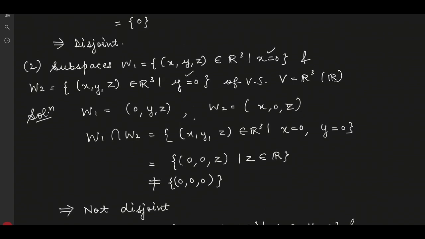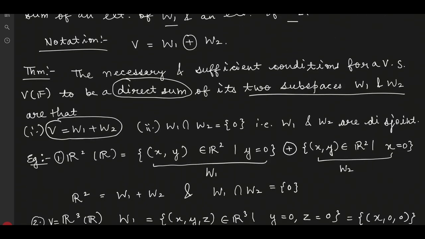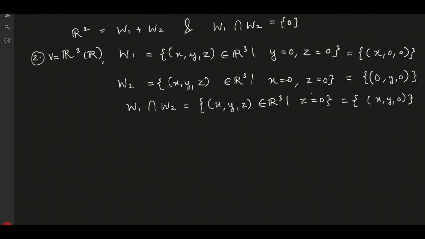So in the intersection, I need to take both the conditions. When there is no common condition, then I need to take all the conditions of W1 and W2 in the intersection. But when there is a common condition, then I will take only the common condition.